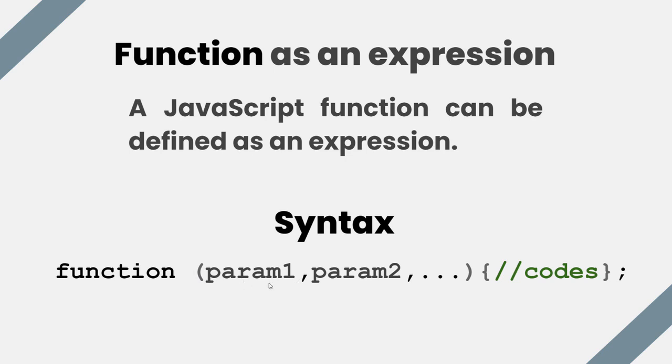We have param1, param2, and the rest dot dot here actually represents as many parameters as our function requires. Now, we also have the code here, which is within these curly braces. So obviously, you know that the code for our JavaScript function is always within curly braces, and this is actually how the syntax appears.